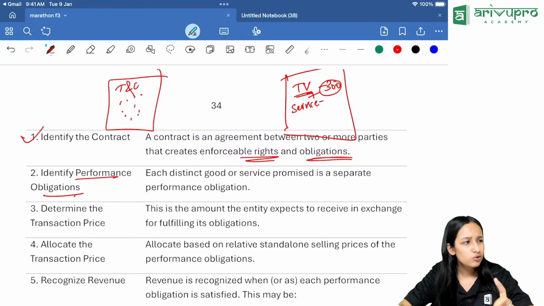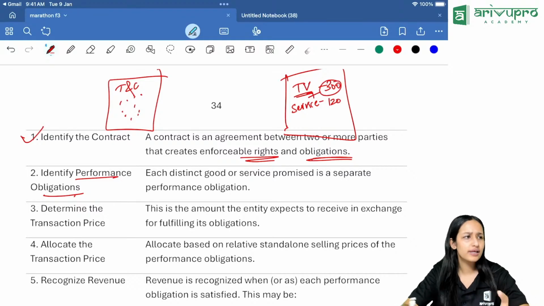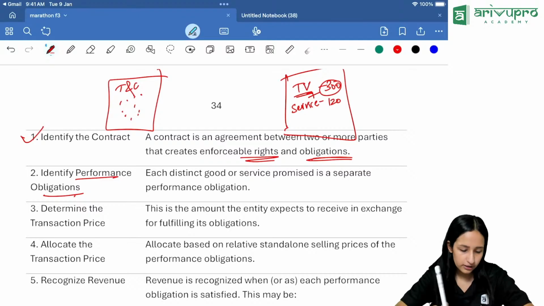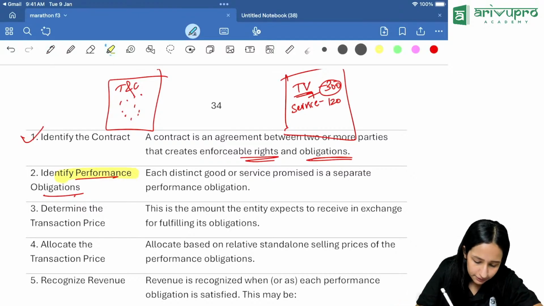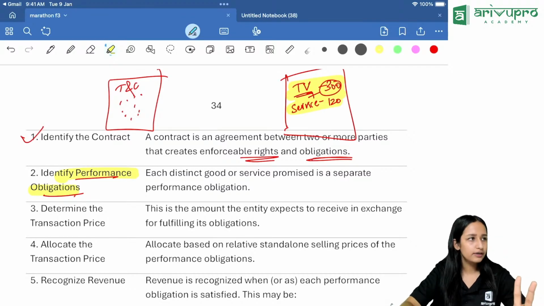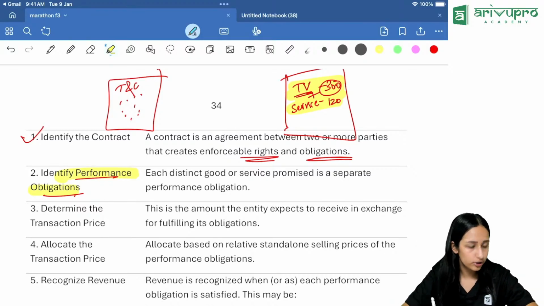But usually there's always a price for it, so let's not complicate the scenario. Let's say the TV is 300, service is 120. We have 2 things that we need to do in this contract. So that is step 2, identifying performance obligations. You need to provide 1 TV for 300, and then you need to provide the service for 120. These are 2 things that you need to do.